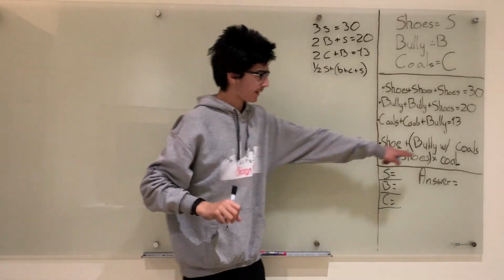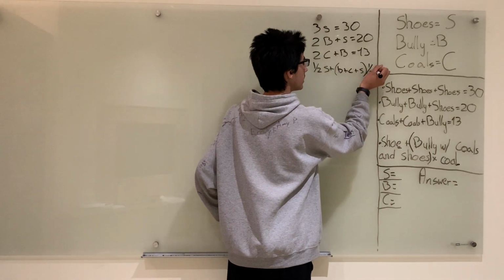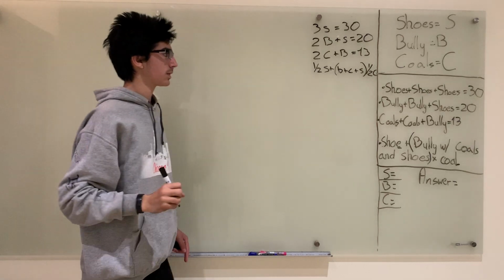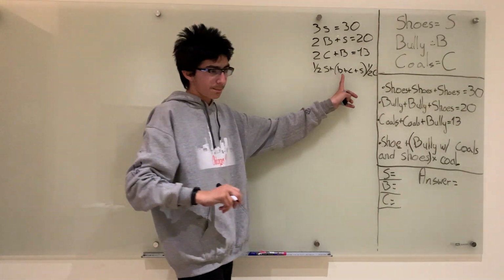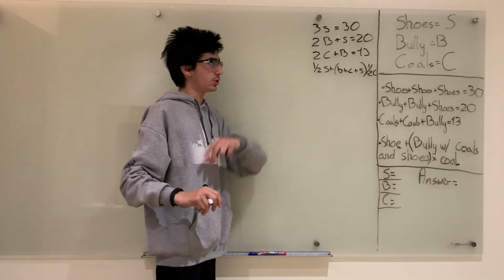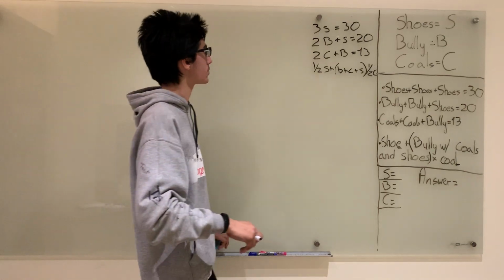And then that is being multiplied by a single thing of coal. So that's half the amount that we're used to. So that's 1/2 S plus the quantity of bully plus coals plus shoes times 1/2 the amount of coals.